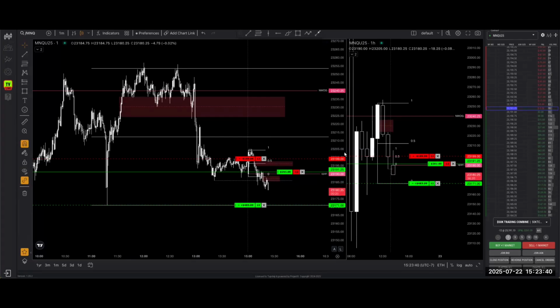All right, low day. Keep going. I really shouldn't be messing with this, but I am just going to move it down a little bit more.